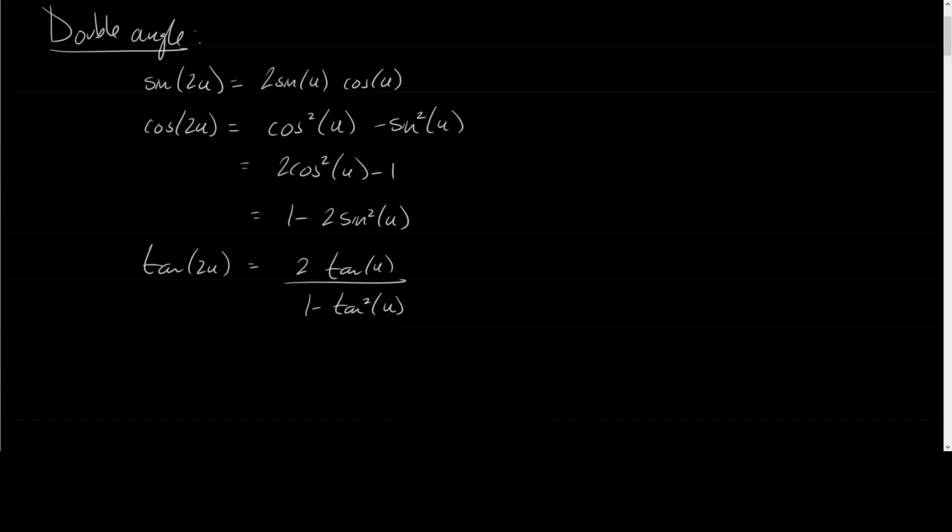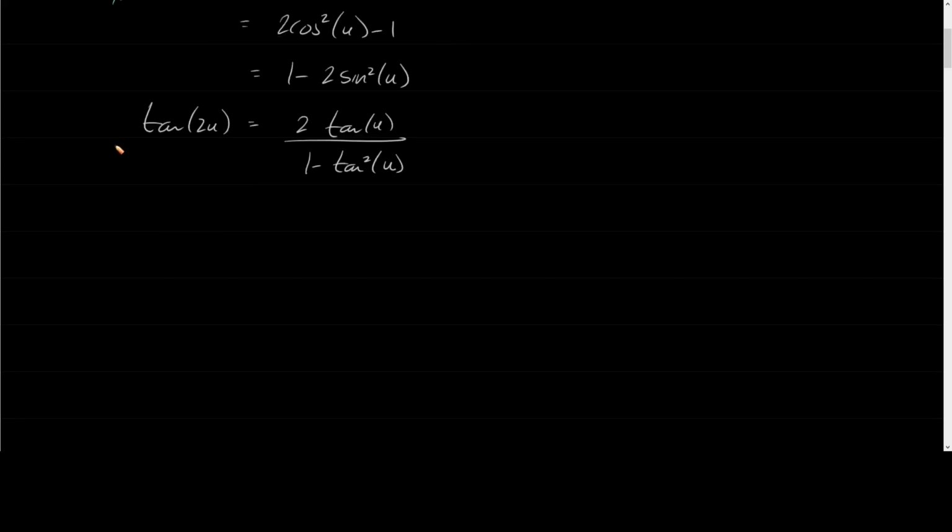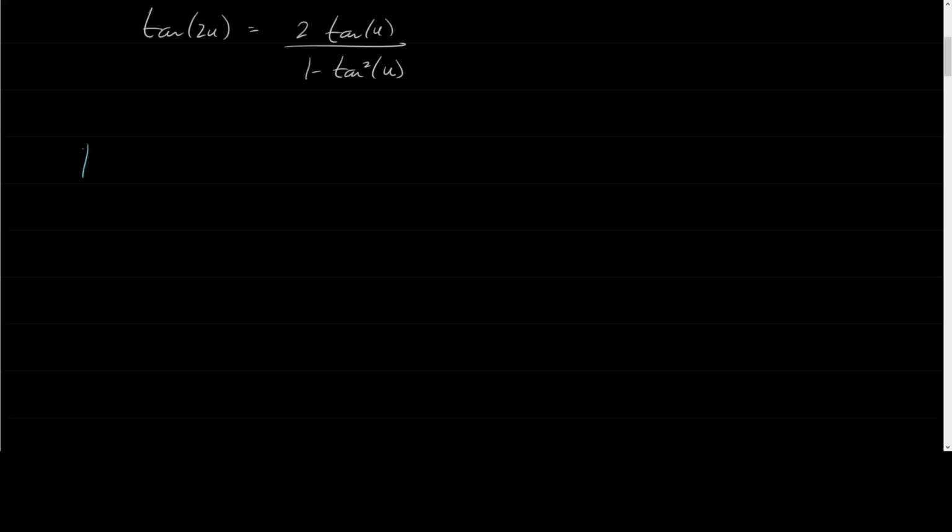I'm going to prove here the second one, cosine. So here's the proof for cosine of 2u being equal to cosine square of u minus sine square of u. All right, so here's what we're going to do.